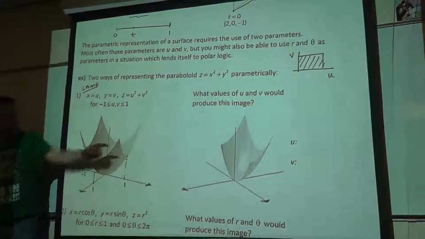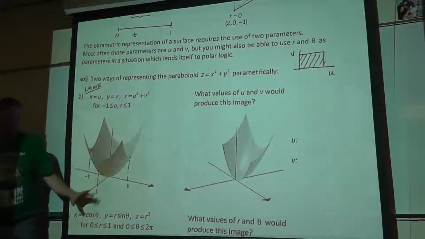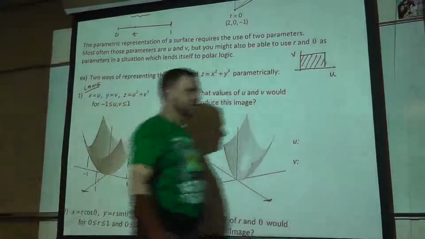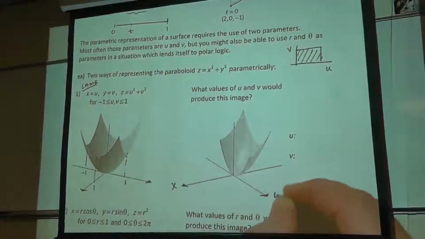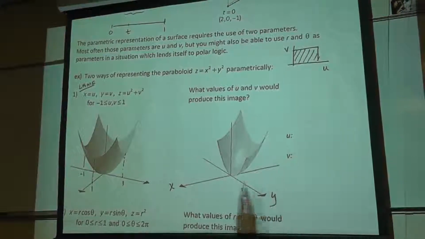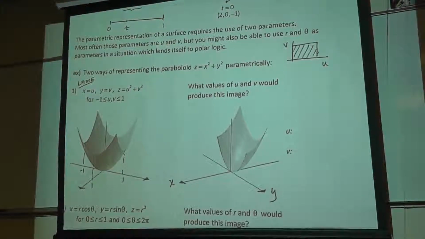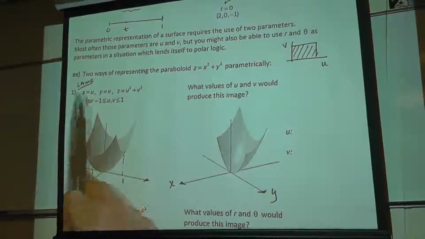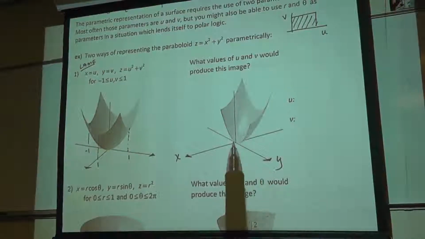So what restrictions on u and v would give me this particular part of the paraboloid? Same orientation. This is still the positive x-axis. This is the positive y-axis. So you would go from... if -1 is behind, it would go from -1 to 0. Since u is paired with x, the x values here are cut from -1 to 0.